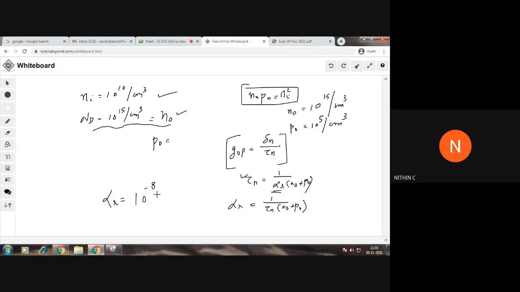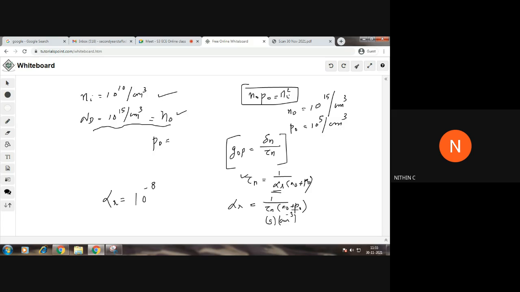What will be the unit? You find the unit from this expression. Tau is actually carrier lifetime, so it is represented in seconds.